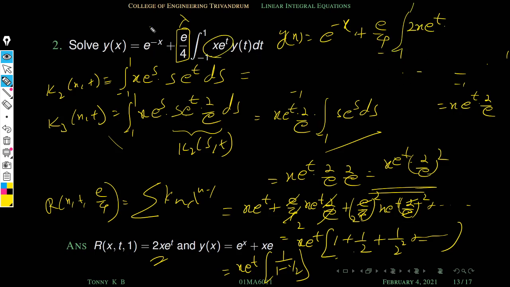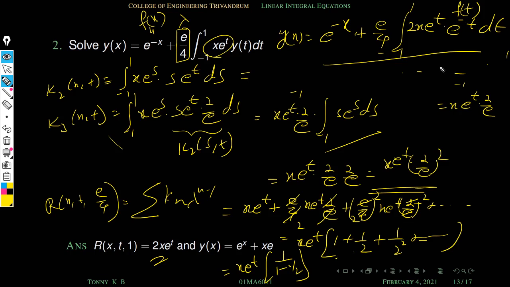Here this is our f of x, and this is f of t, which is e^(-t), dt. After simplifying this integral we get the final answer y of x.